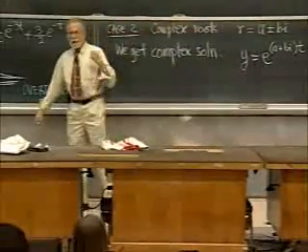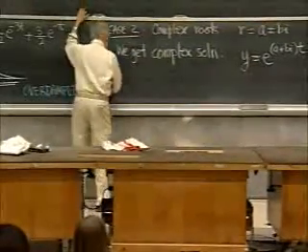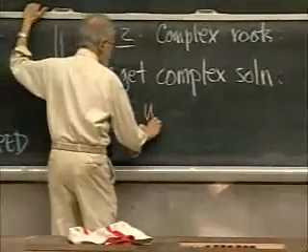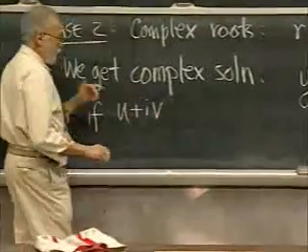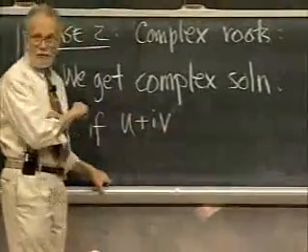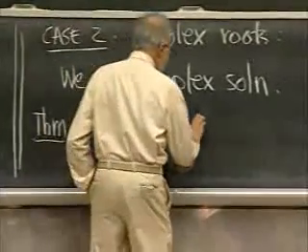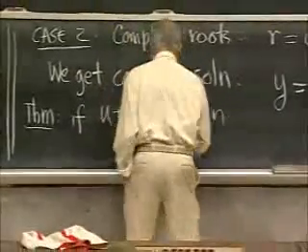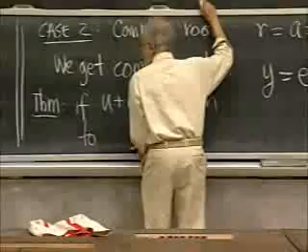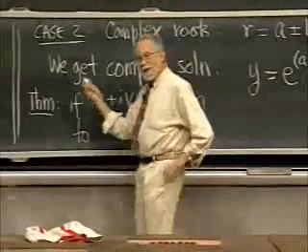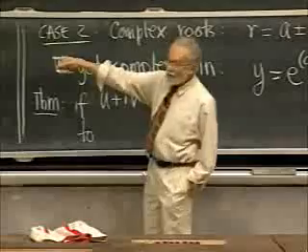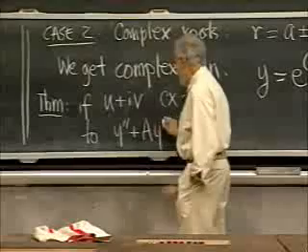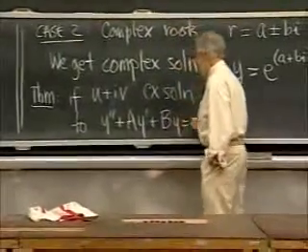All right, now a theorem to the rescue. This I'm not going to save for Wednesday because it's so simple. The theorem is that if u plus iv, where each of these is a function of time, is a complex solution to a real linear differential equation, let me write it out, y double prime plus a y prime plus b y equals 0.